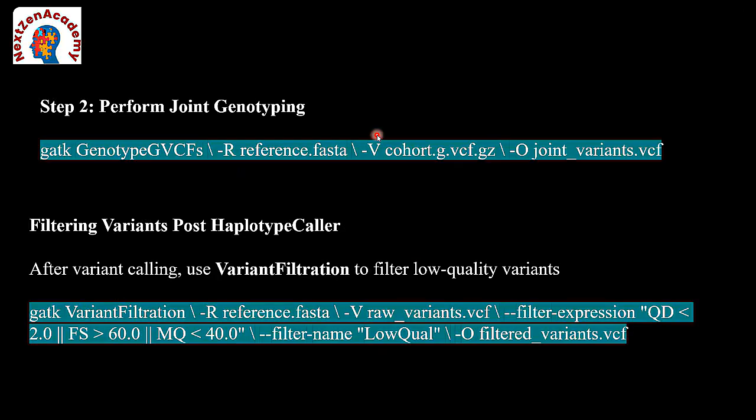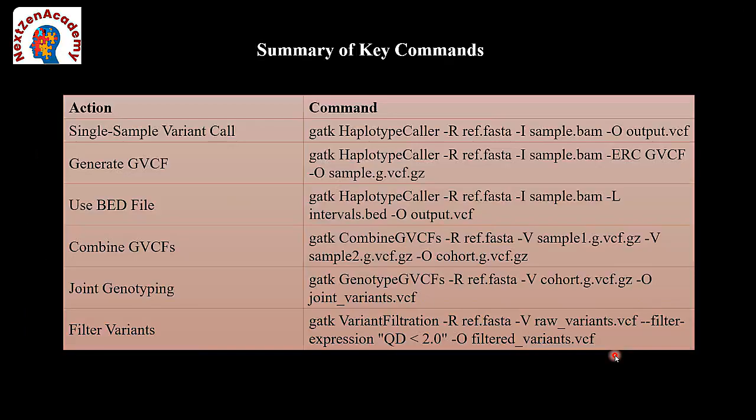If we want to do parallelization for a large data set, what is meant by parallelization is that the genome gets split into small chunks, scattered across different threads, and processed individually.